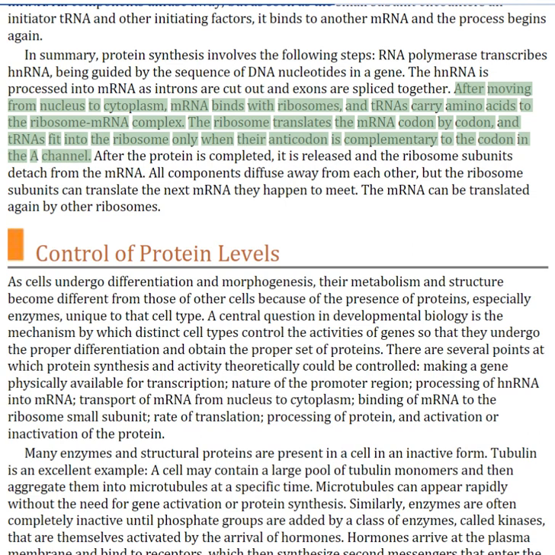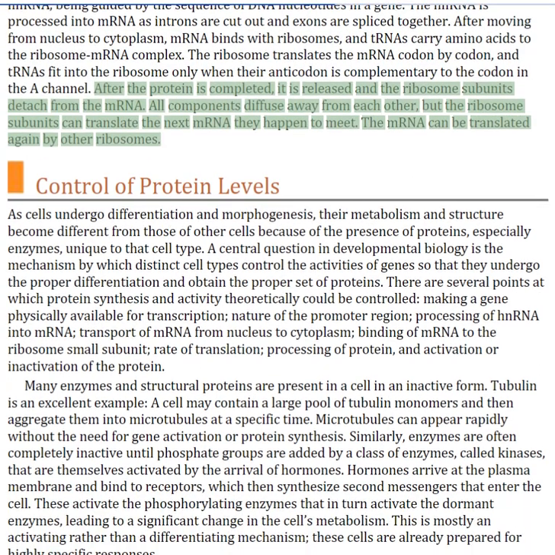The ribosome translates the mRNA codon by codon, and tRNAs fit into the ribosome only when their anticodon is complementary to the codon in the A channel. After the protein is completed, it is released and the ribosome subunits detach from the mRNA. All components diffuse away from each other, but the ribosome subunits can translate the next mRNA they happen to meet.